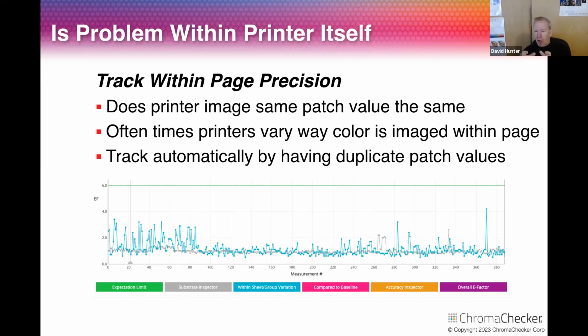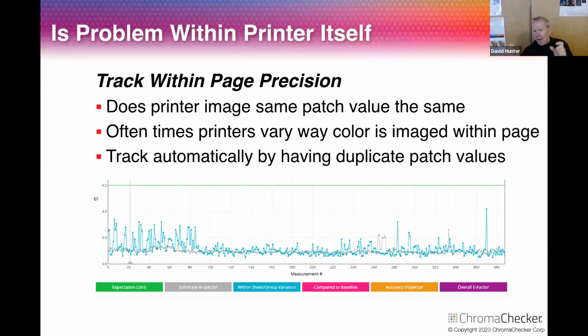So if you have a target that has duplicate patches, like our CC84 target, ChromaChecker automatically compares the identical patches with one another and calculates the delta E difference of those patches that are on the same target.